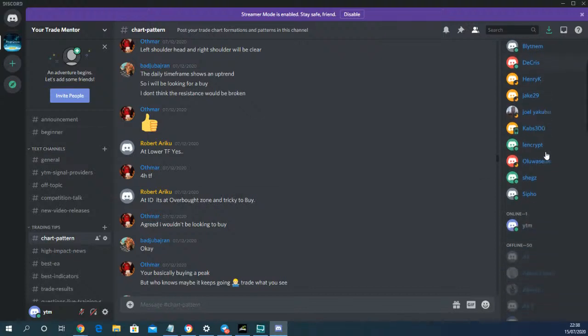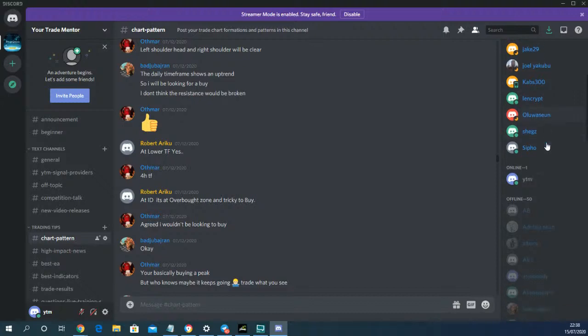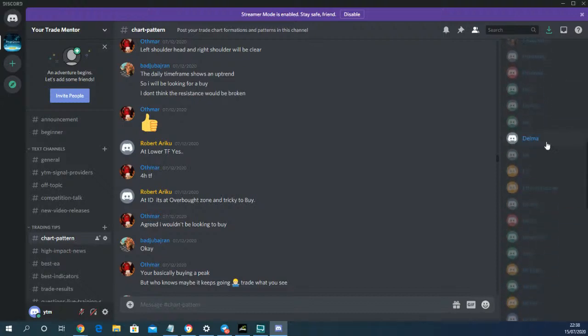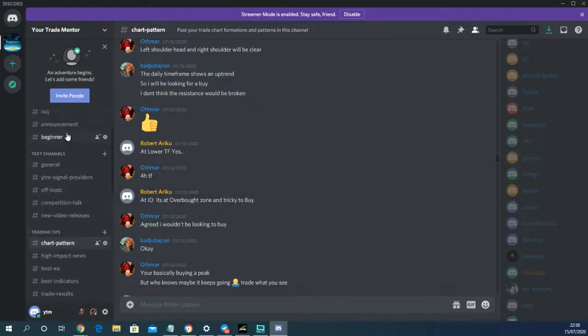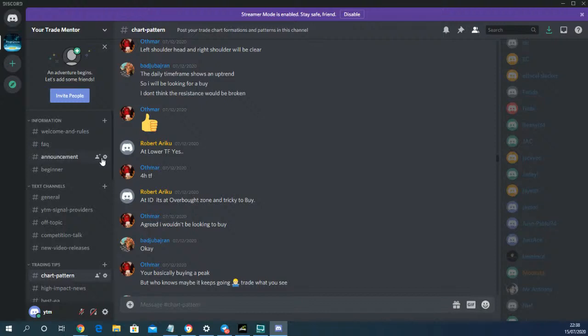You can see, if you are not a member, lots of people are here. These are all members, paid members. These are all people that have signed up, they have paid, and this is not all, because some of them have not even joined the Discord group yet, even though they are members.